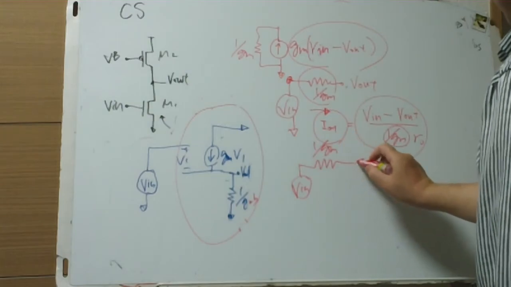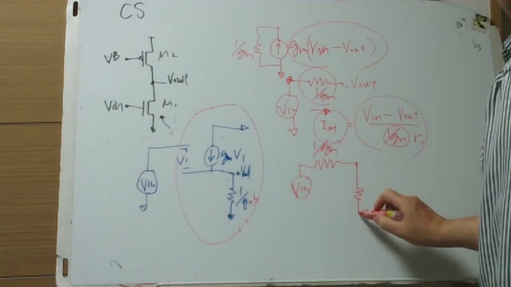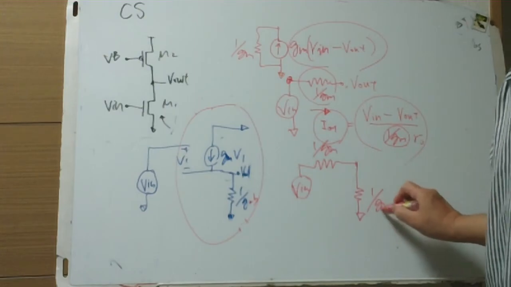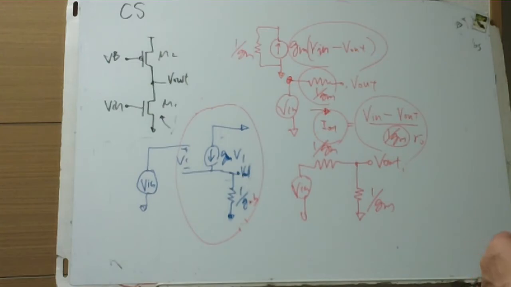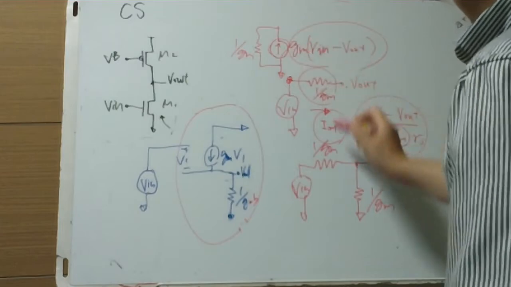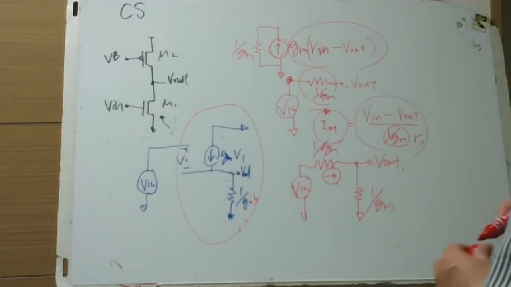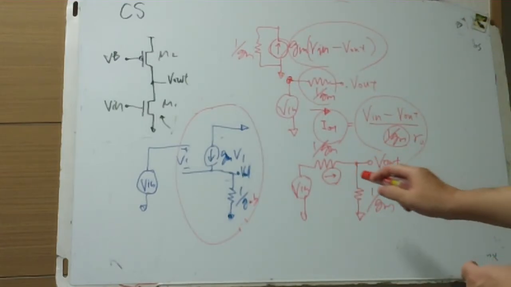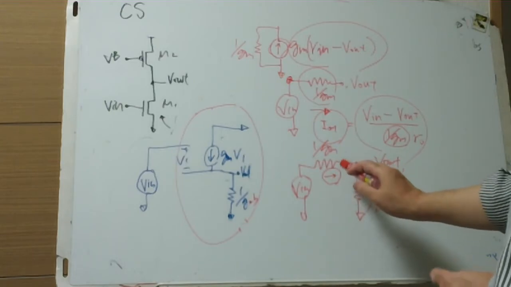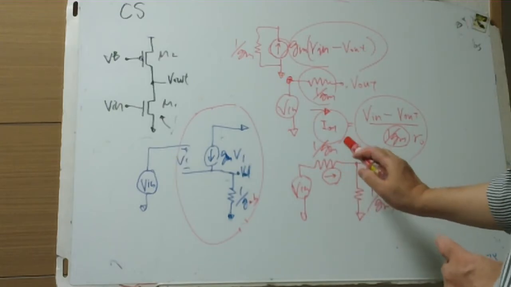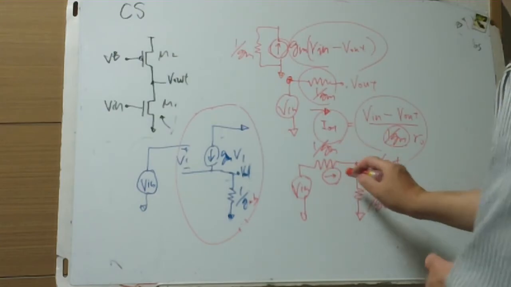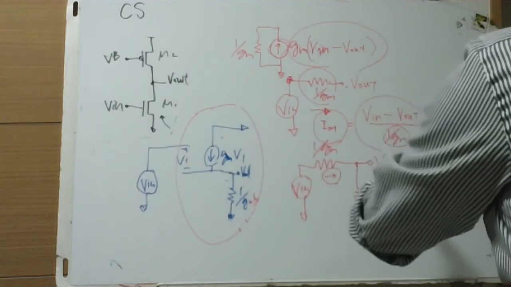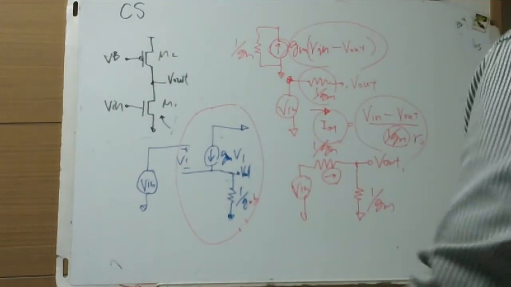Correctly, 1 over GM and 1 over GMB in series, and this is V out. This I equals this I. GM times V in minus V out. This current is GM times V in minus V out. This current is this current.